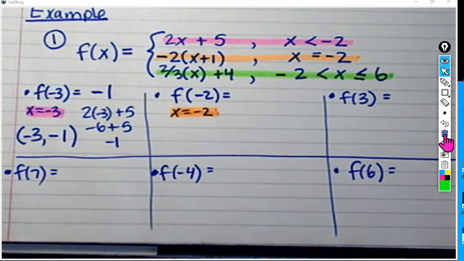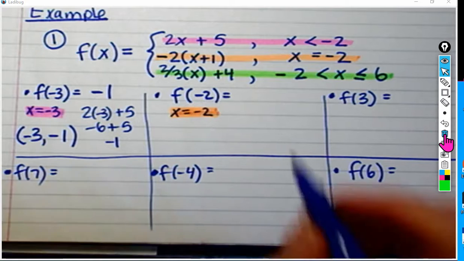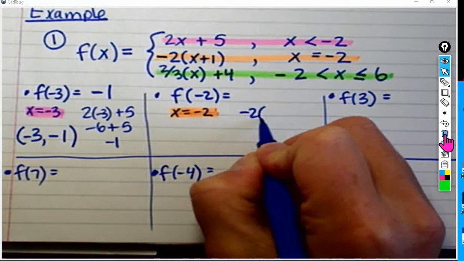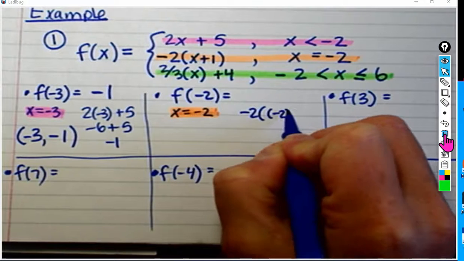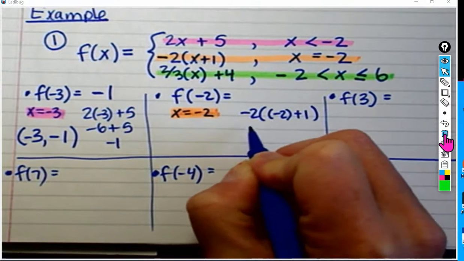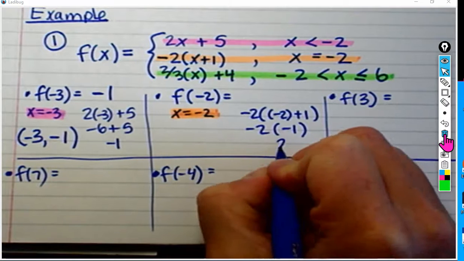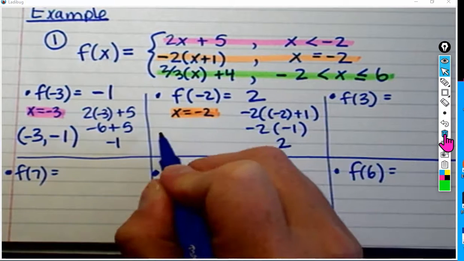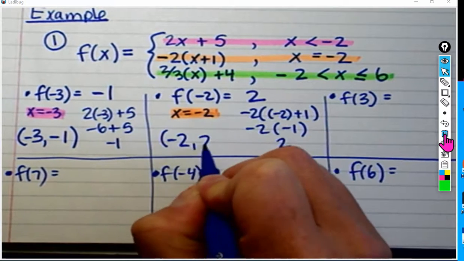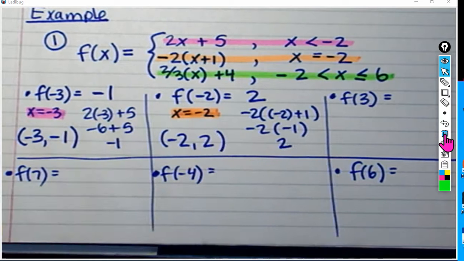Yep. So to this orange piece right here. Just be careful with your pluses and minuses. So I get 2. And so the point is -2, 2. I want to make sure that you recognize this is just x comma y points, just the notation's a little bit different.